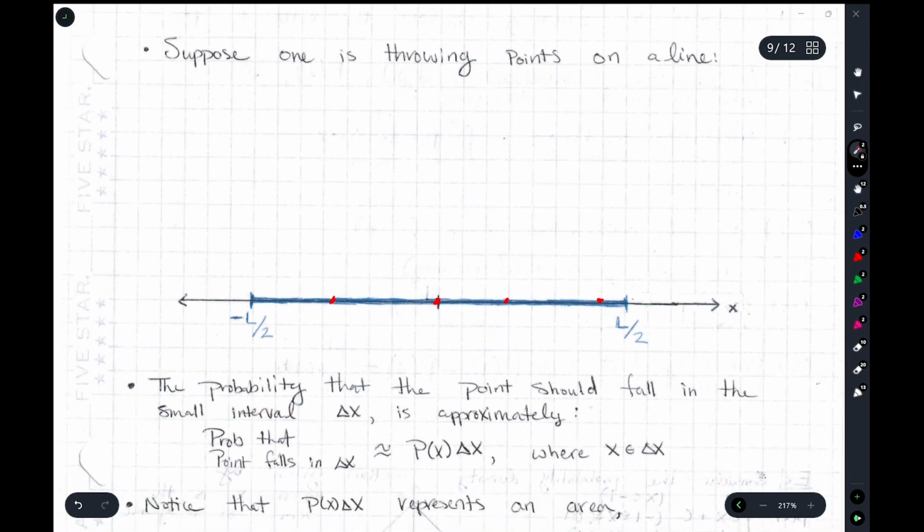And so we could say that the probability that the point will fall on the interval delta x is approximately equal to, if delta x is small, this thing that we're going to call the probability density times delta x.